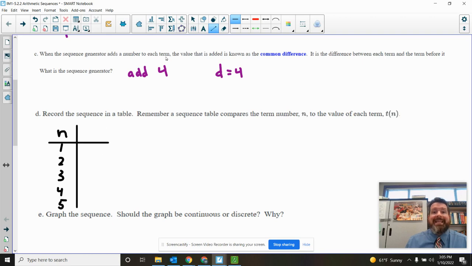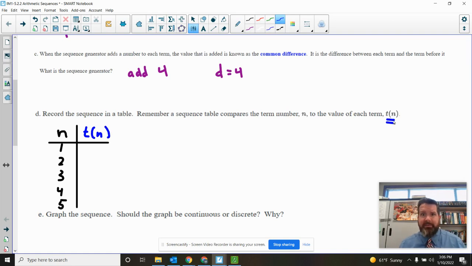Now the second column is the value of the numbers in the sequence. I'm going to call that t of n, because your textbook is going to call that t of n. This is function notation, so the t is just the name of the function, and n is telling us what number goes in. So for the first term, you're actually evaluating t of 1.